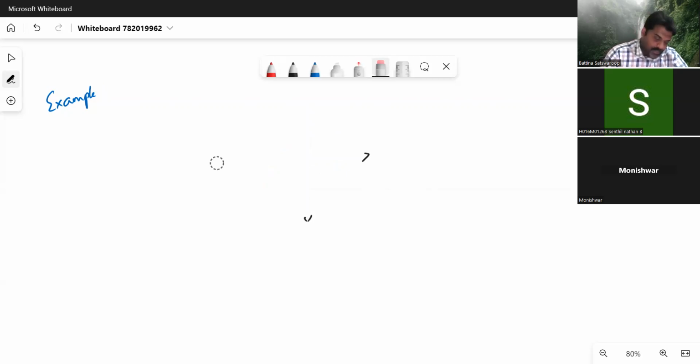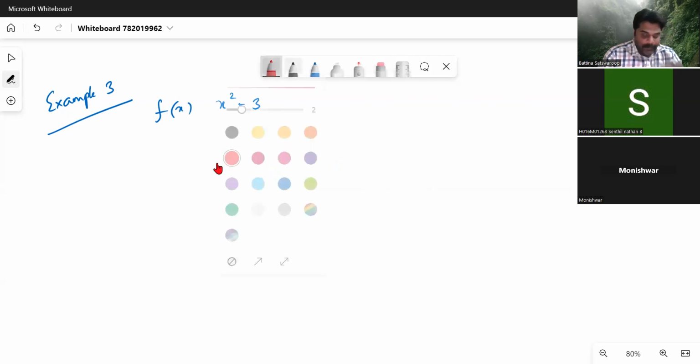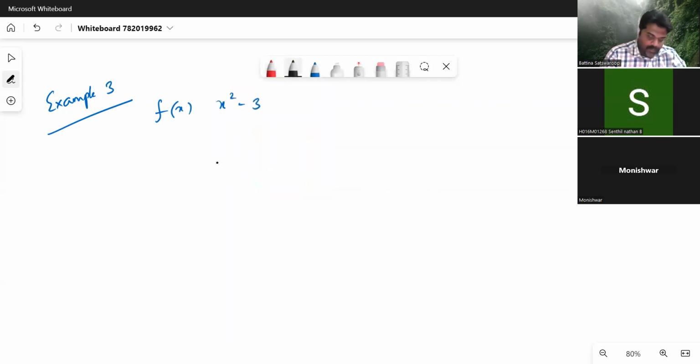Then see example 3. Find the zeros of the polynomial x square minus 3 and verify the relationship between the coefficients. For x square minus 3, this is in the form of a square minus b square, which is a plus b into a minus b.